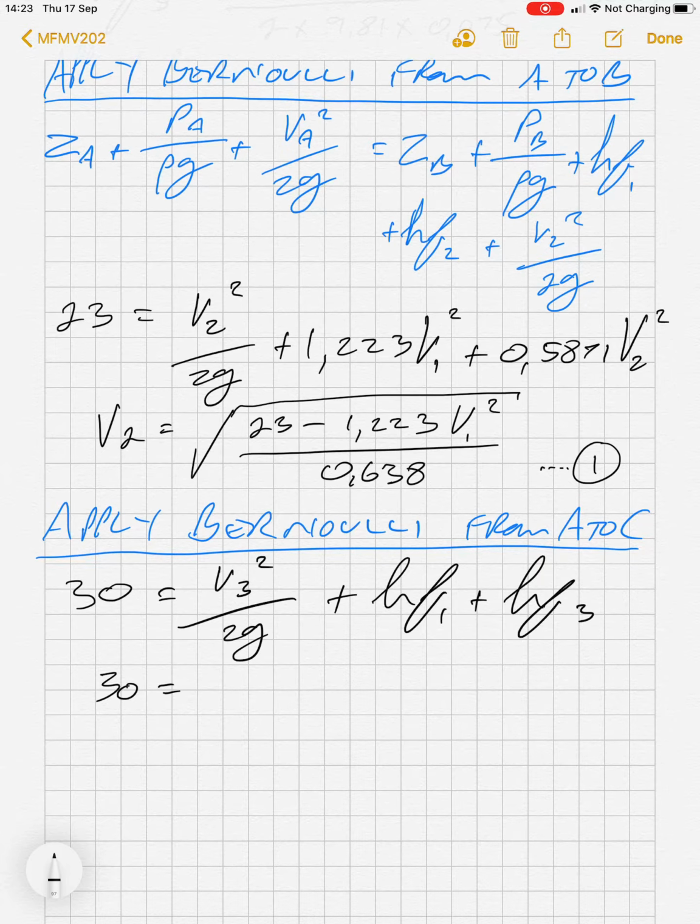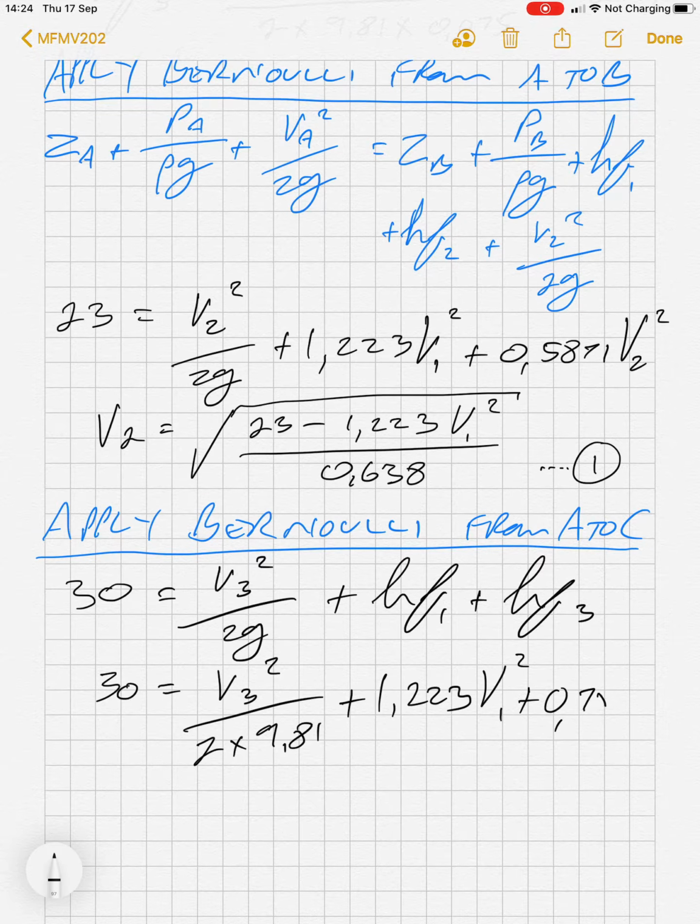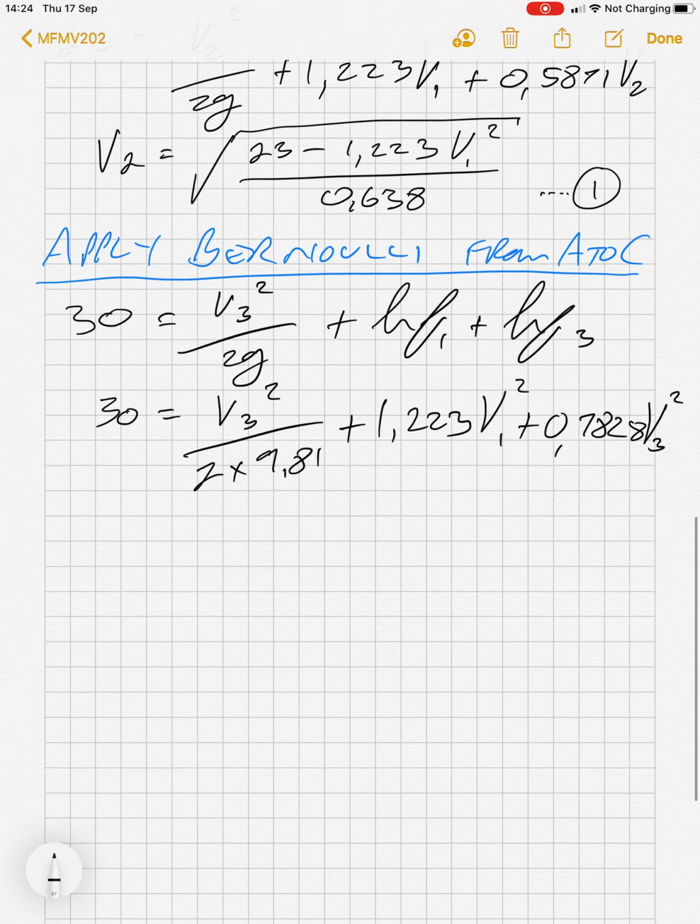So 30 equals V3 squared over 2 times 9.81 plus 1.223 V1 squared plus 0.7828 V3 squared.